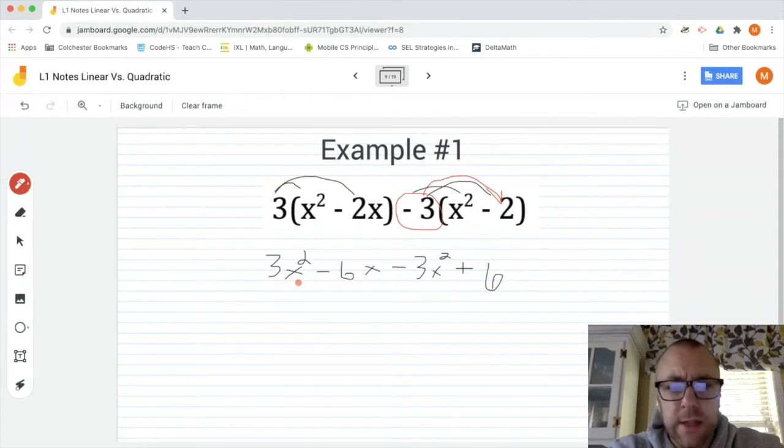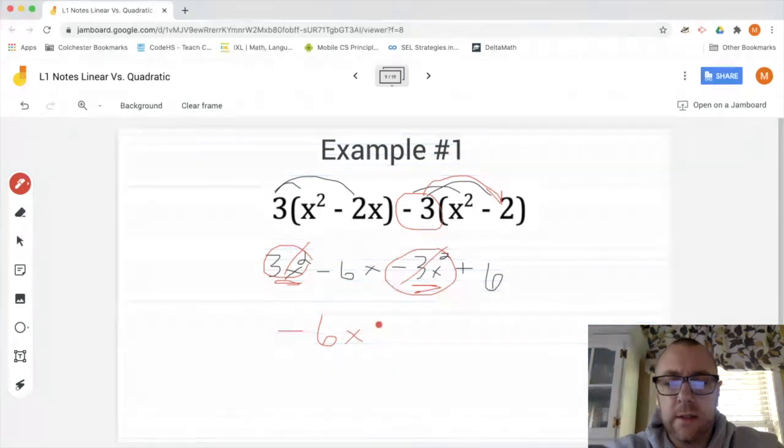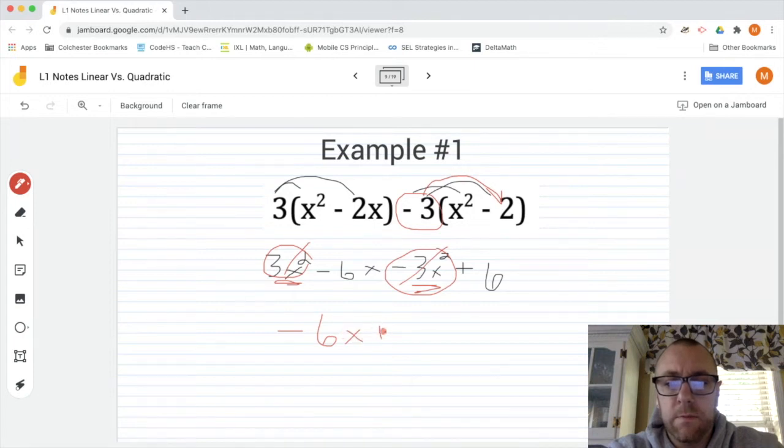So you'll notice that I can combine these two terms. So 3x squared minus 3x squared, well, those cancel out. So what's left is my simplified function of -6x plus 6.